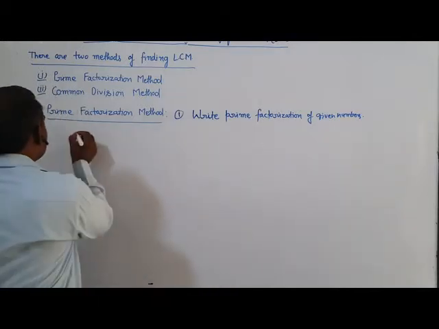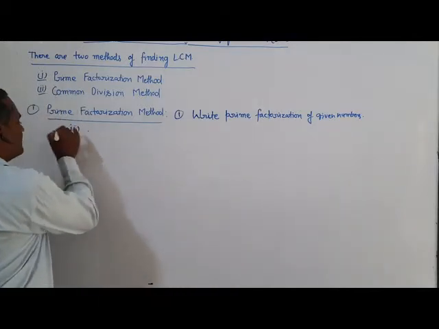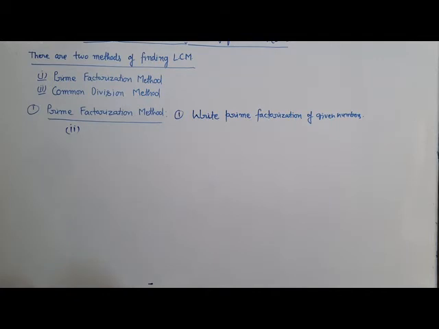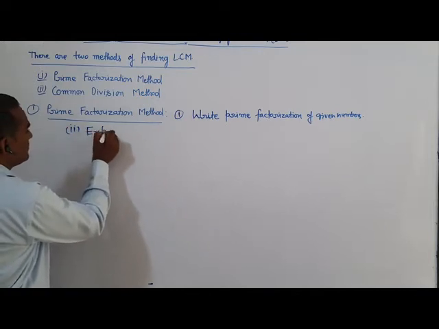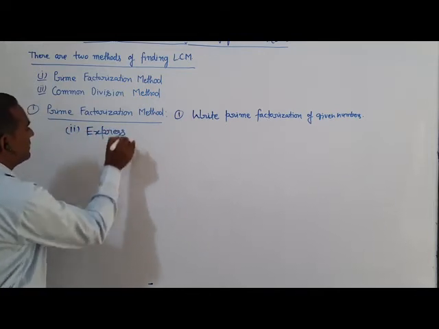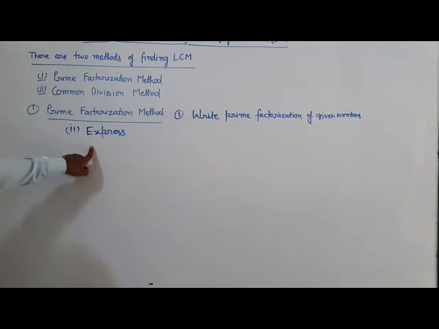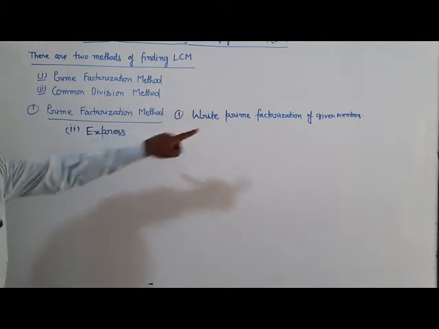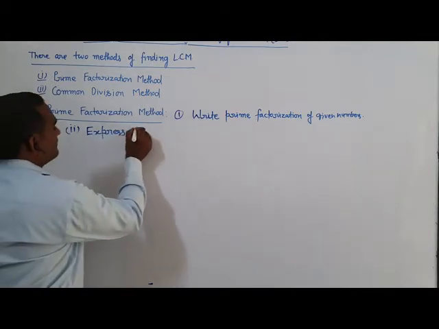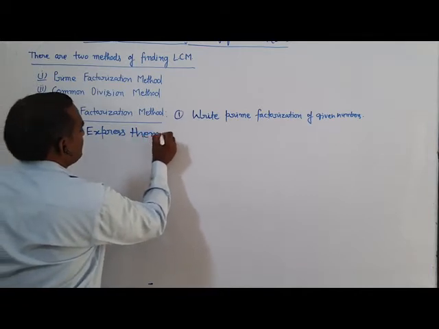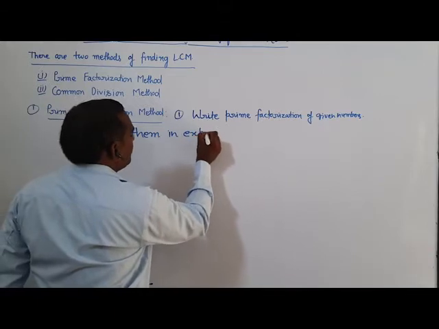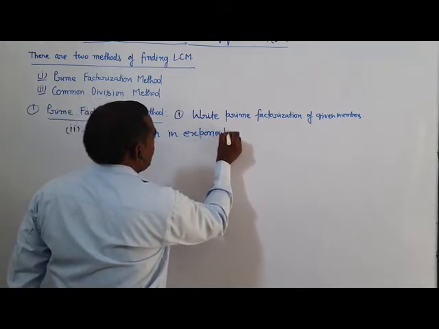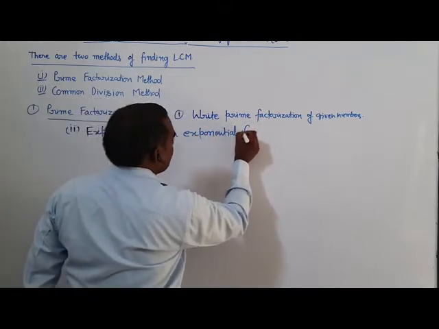What is the second step? The second step is to express them in exponential form. Them means all the factorizations, express them in exponential form.